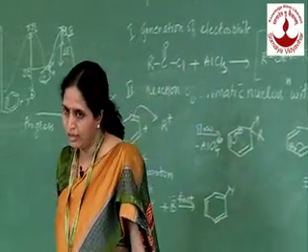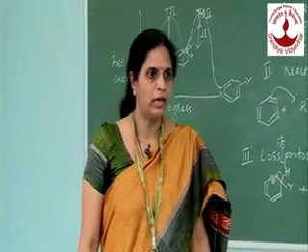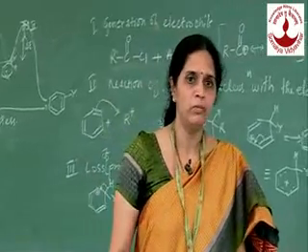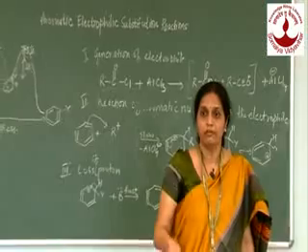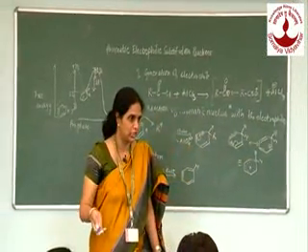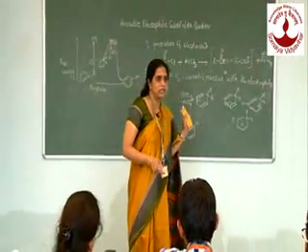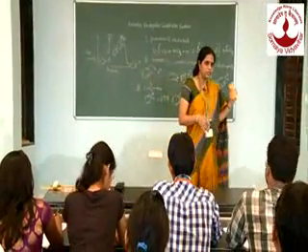Now here again the acyl group is a deactivating group. So therefore there is no problem of polyacylation as in case of Friedel-Crafts alkylation. There cannot be polyacylation. Also no rearrangement of that acyl group takes place. So what is the advantage of this?